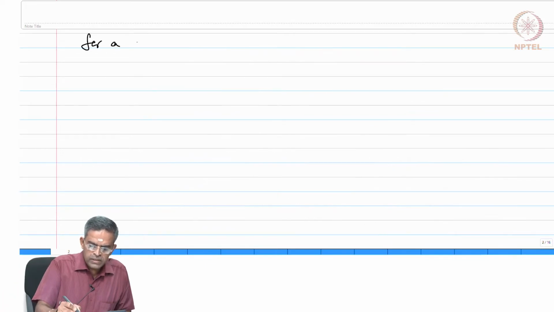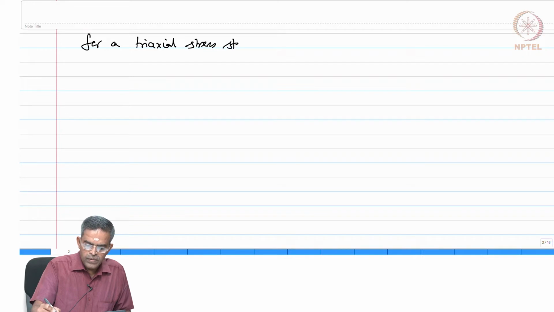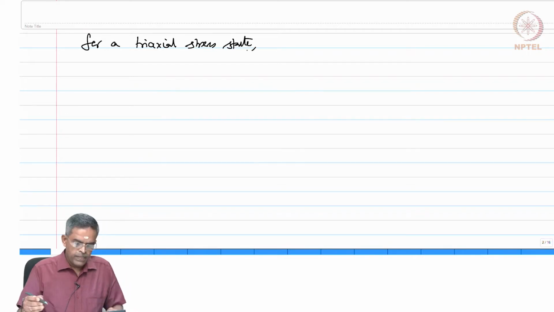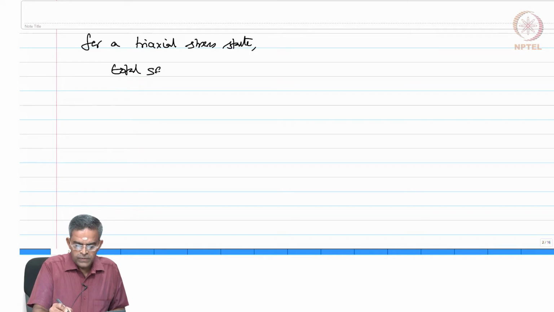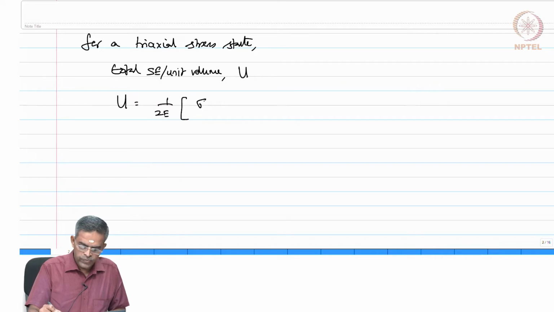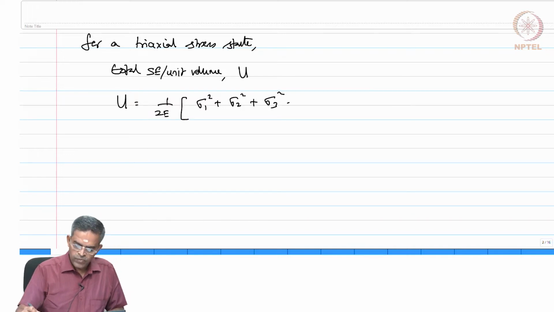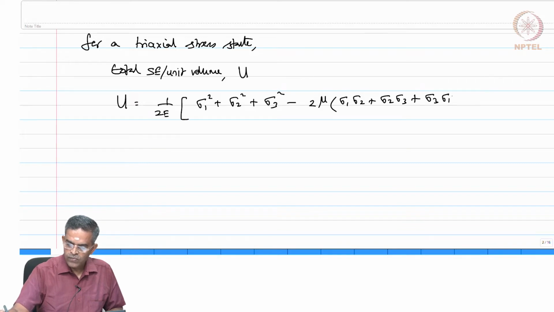So, for a triaxial stress state, we already wrote this equation: total strain energy per unit volume, which is given by U, is expressed as follows: we call this equation number 1.